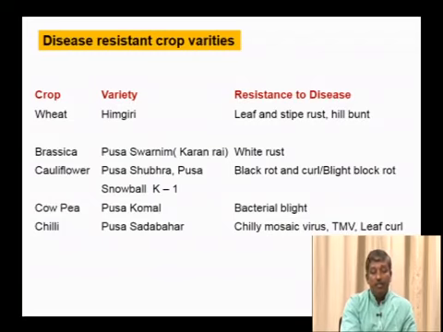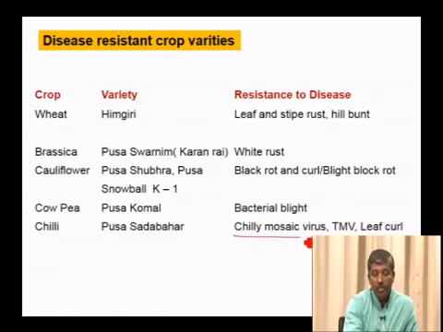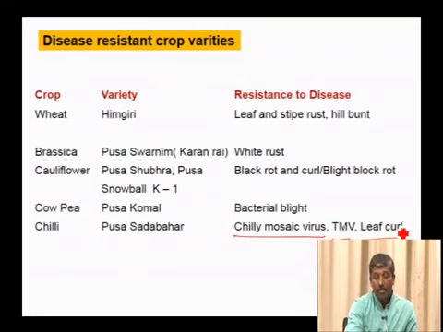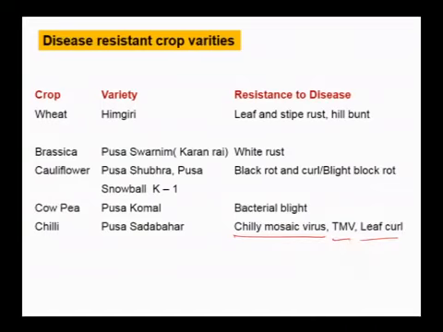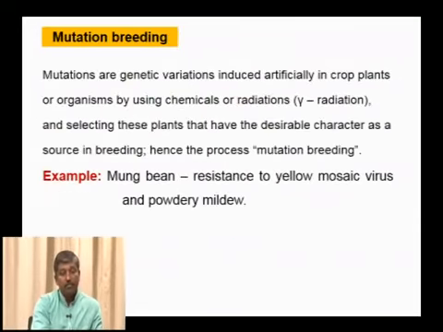For chili, the variety is Pusa Sadabahar, which is resistant to chili mosaic virus, tobacco mosaic virus and leaf curl. All these disease resistant crop varieties were developed by crossing with wild relatives or by selecting varieties of crops which have disease resistance.